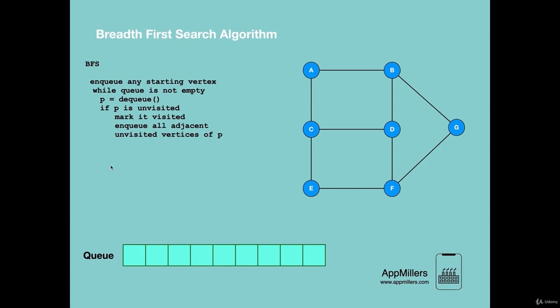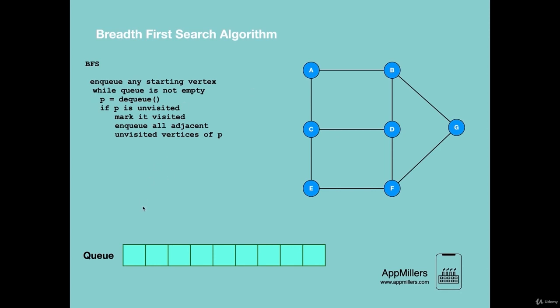If you look at this algorithm, we start by enqueuing any starting vertex to the queue. Then while the queue is not empty, we dequeue an element and check if it is unvisited, and if so we mark it as visited. Then we enqueue all adjacent unvisited vertices of P to this queue.